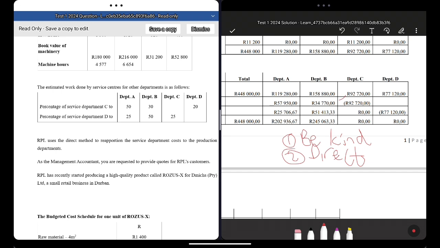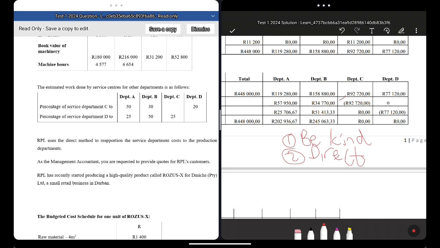For department B, it's 92,720 times 30 over 100. For department D, it will be 92,720 times 20 over 100. Now, obviously, these are wrong amounts because I'm showing you based on this past paper, but there will be an amount here, an amount here, an amount here. This will close up to 0. Done, right? So if you picture this whole thing, it is now blank here.